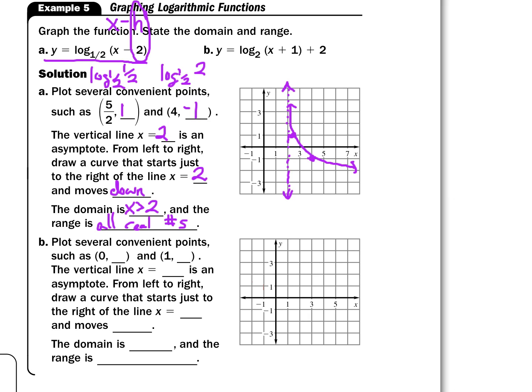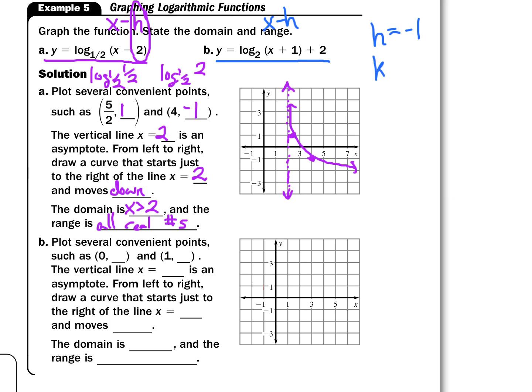Okay, and now for b, we have y equals log base 2 of x plus 1, plus 2. So now I've got two different shifts going on. Remember this is written in x minus h, which means that my h is actually equal to -1, so I've shifted to the left one.